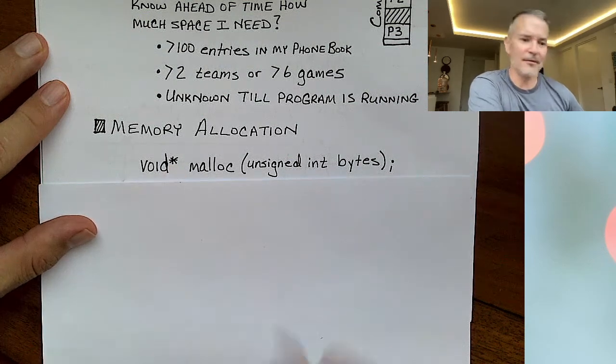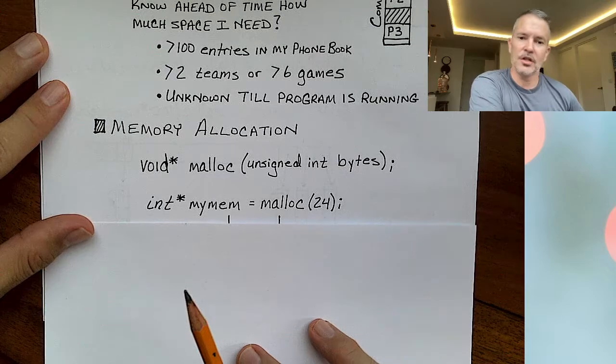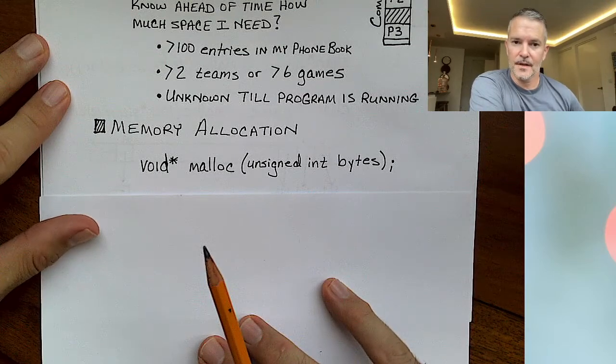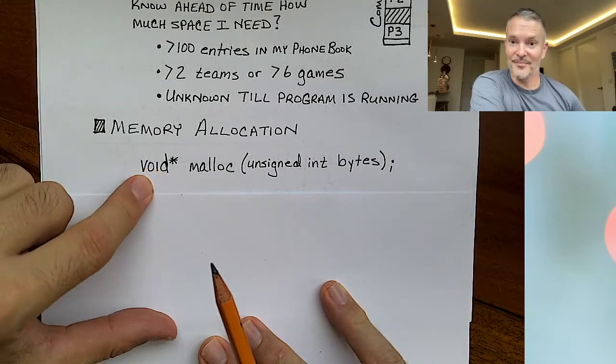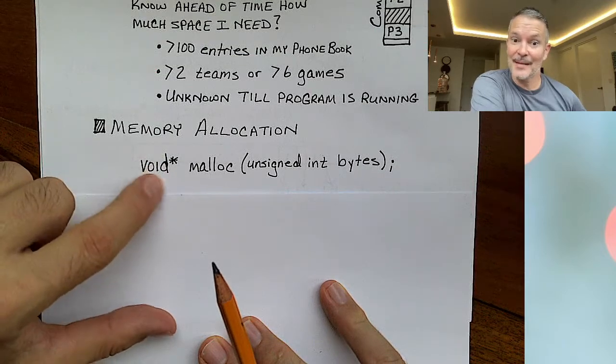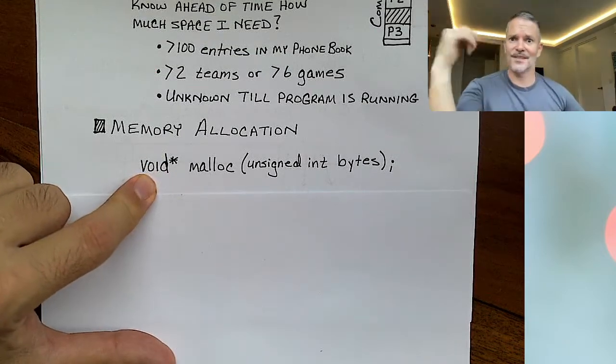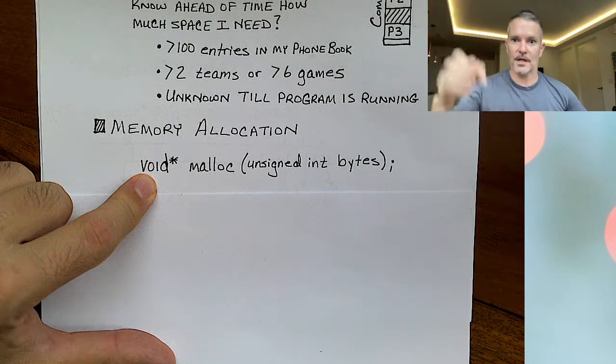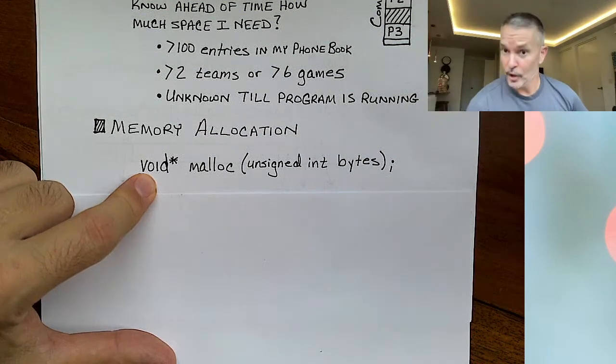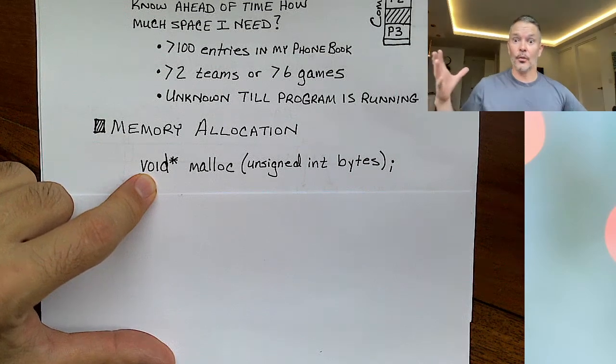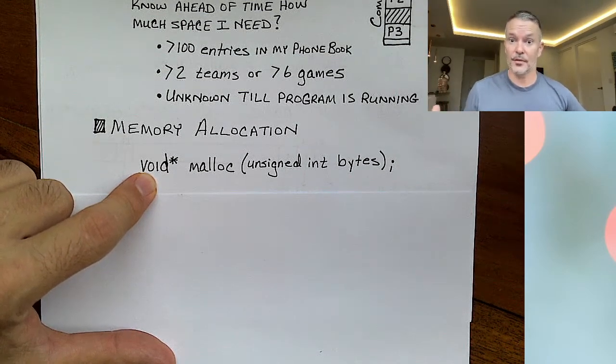What is this void star pointer? We haven't talked a lot about this yet, but C defines a type called void, which means this is a generic type, an unknown type. And a void pointer is basically an address to an area of memory where we have not yet declared what this area of memory is going to be.